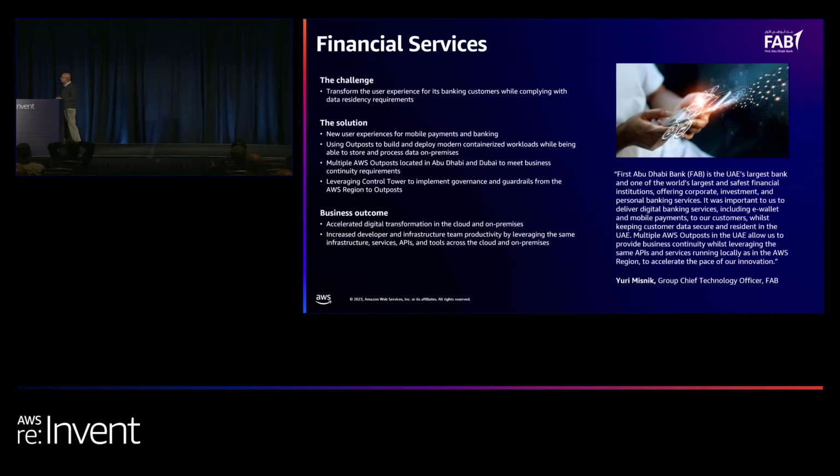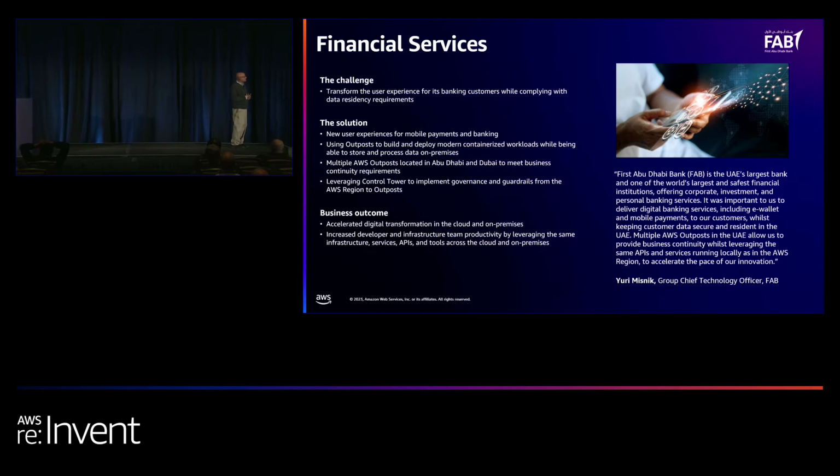Another example, this time in financial services, is FAB, or First Abu Dhabi Bank. The bank was in a phase of digital transformation where they needed to transform the user experience for their banking customers while maintaining their data residency obligations and adhering to their regulatory obligations.